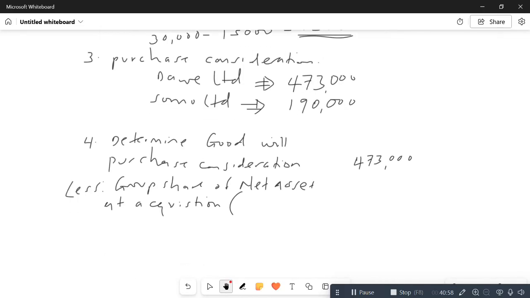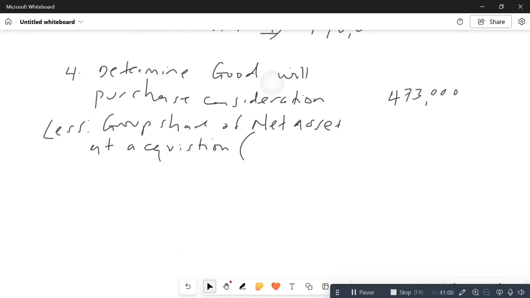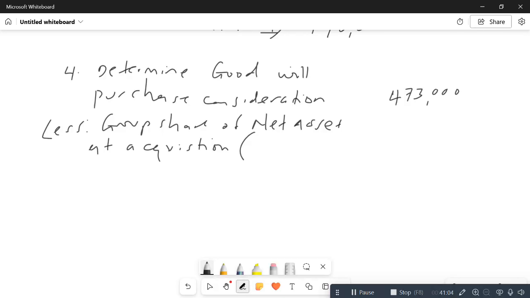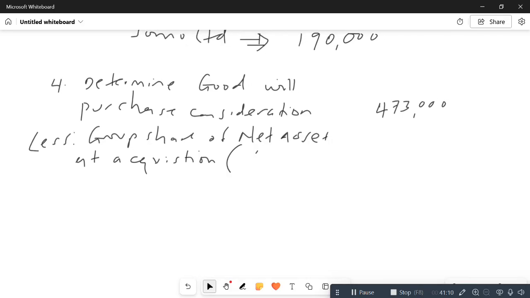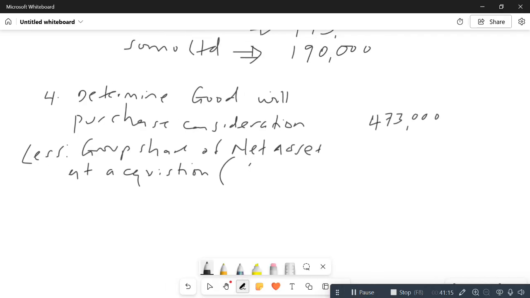You take your 60% times net assets at acquisition.